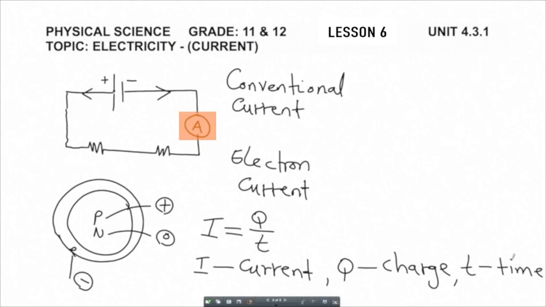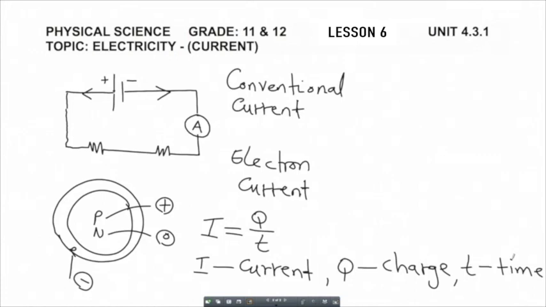We also looked at the position of the ammeter. Where exactly can we position the ammeter within a given circuit? We agreed earlier that an ammeter must be connected in series. And then I also went on to explain the idea of the electric charge, where the notion of electron current and conventional current came from.